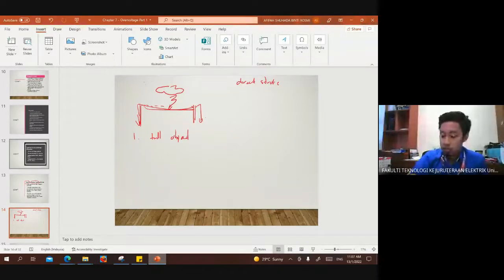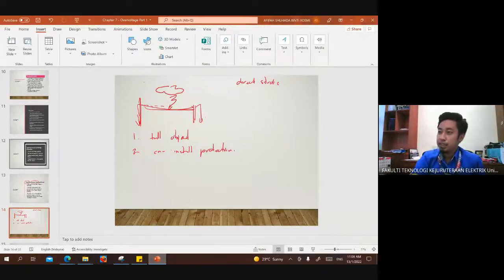Normally the direct stroke will happen to the tall objects. According to the direct stroke, we can install protection to protect our line directly.